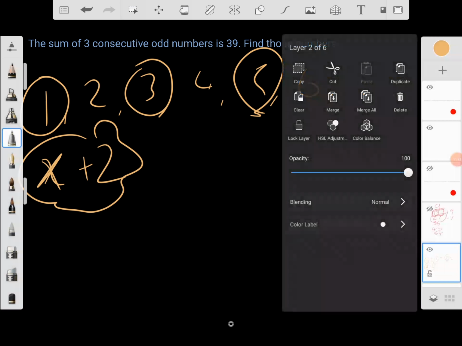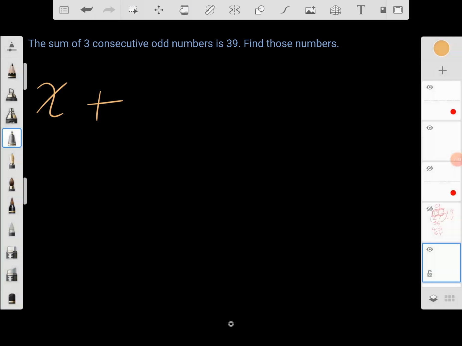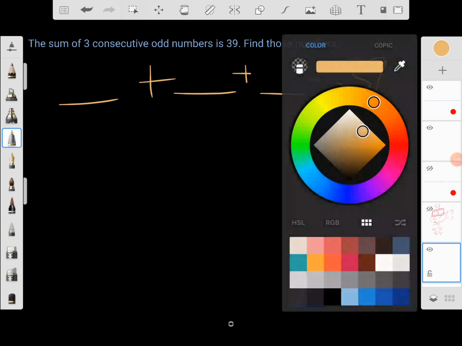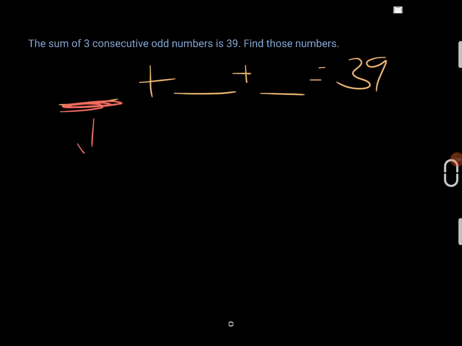So it will be the sum of three consecutive odd numbers. Basically we see that it's a sum of three things. Again, let us use the same method. Sum of three things is 39. This is what I don't know, so I call it x. The next number is the next odd number, so it will be x plus 2.